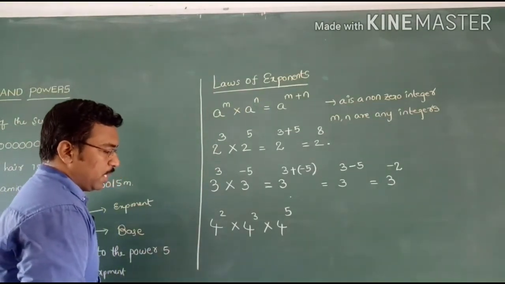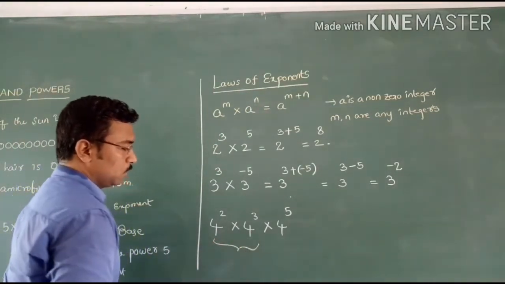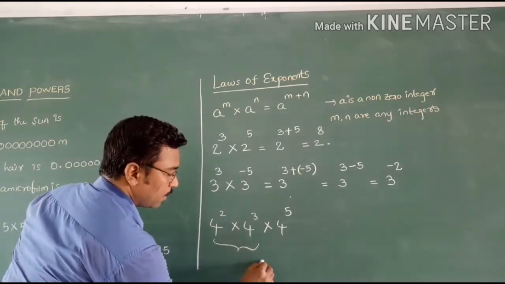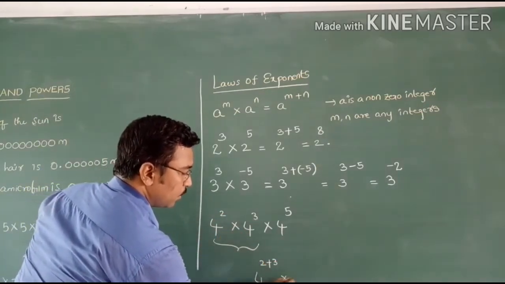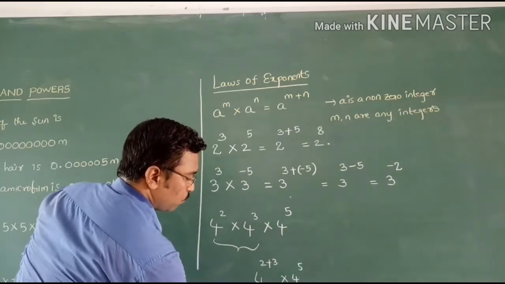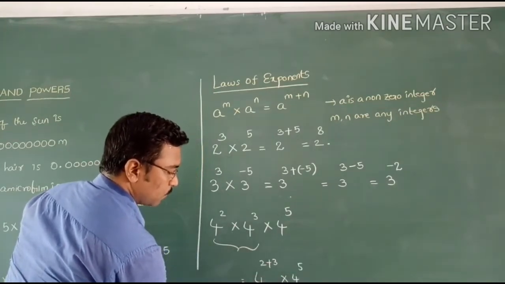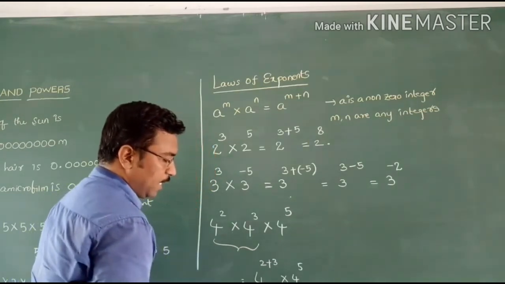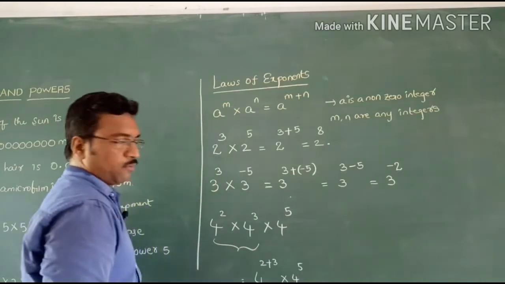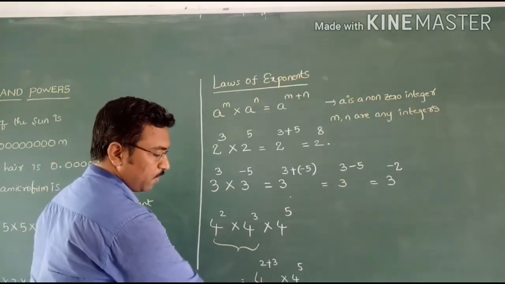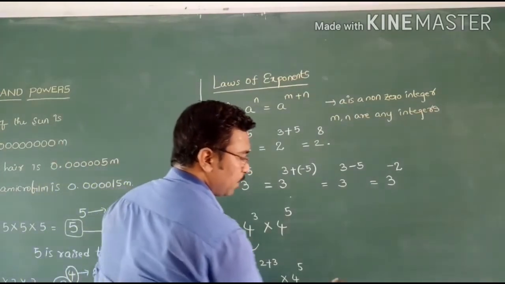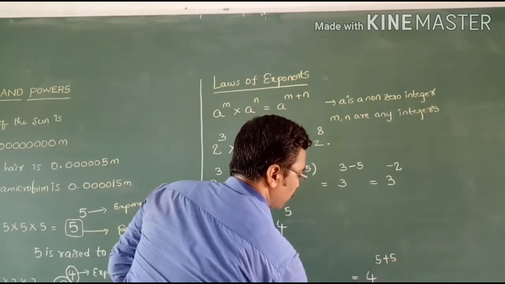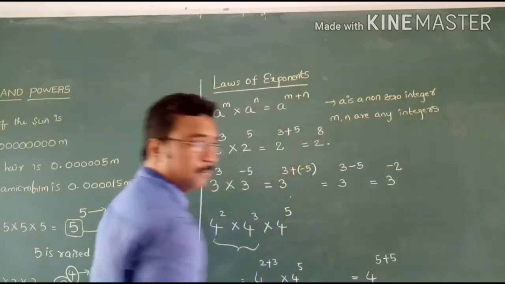First we apply it to the first two: 4 power 2 plus 3, that is 4 power 5, into 4 power 5. Once again, using the formula, 4 power 5 plus 5, which is 4 power 10.